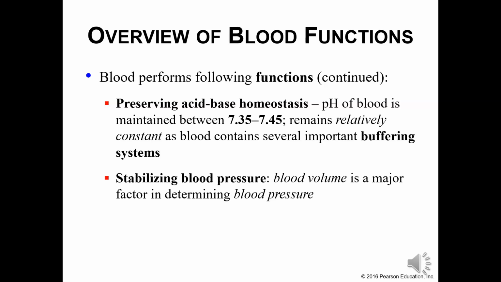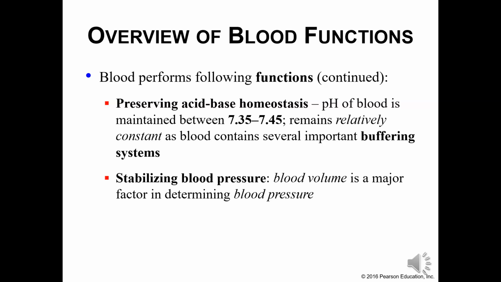Third function is that it preserves homeostasis by keeping your acid-base homeostasis in check, in balance. The pH of your blood is maintained at all times between 7.35 and 7.45. That's only a 0.1 pH unit difference.